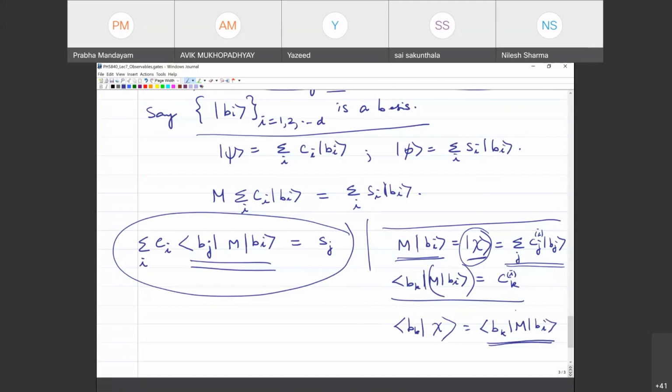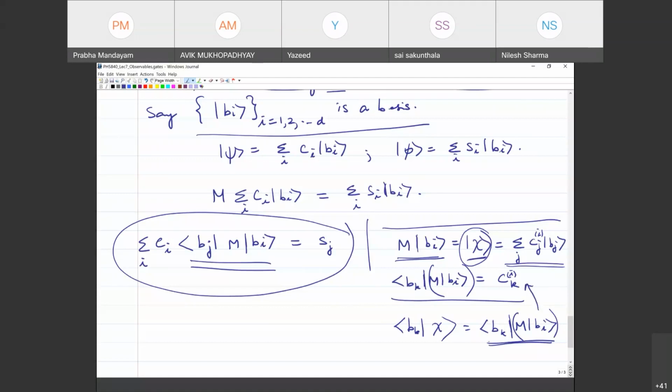Note that this is a number. It tells me the overlap of Bk with the action of M on Bi, and that gives me a number like this.